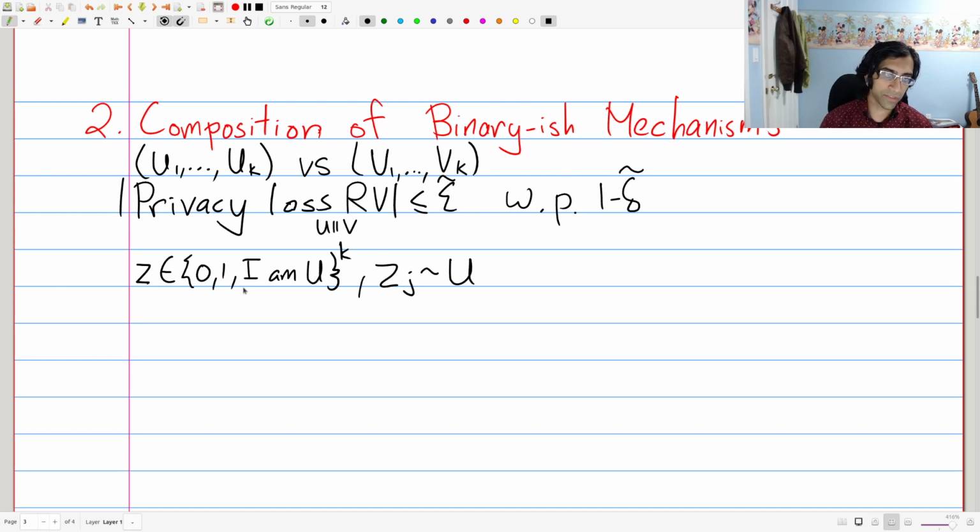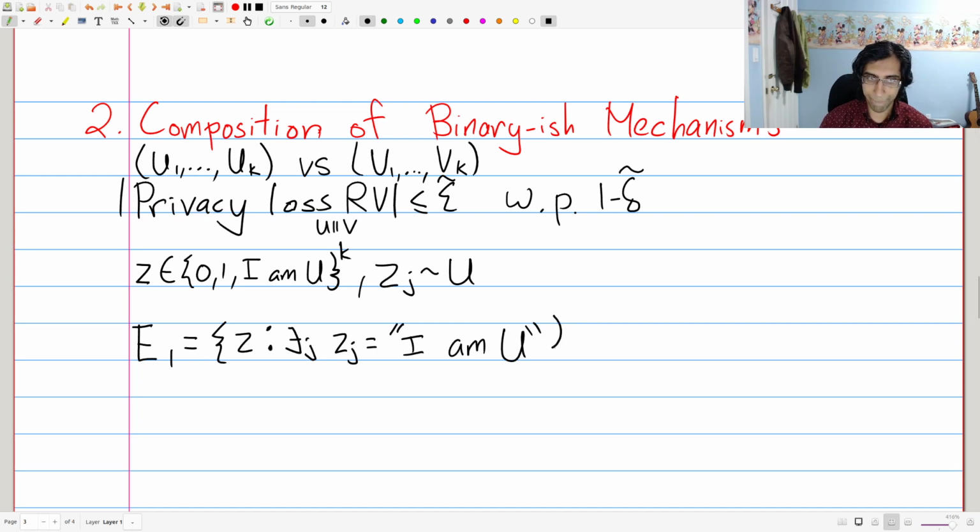So the first event we're going to define is the following one. E1 is going to be the set of all Z such that there exists j such that Z_j is equal to ⊥. The idea is first we're going to try to partition out all of the events.